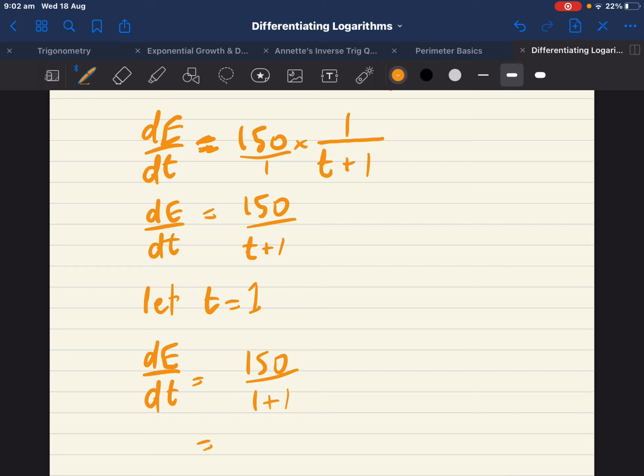In other words, you end up with 75. This would be experience per hour. So that's technically the rate at that particular moment. At that moment, your experience will be continuing to increase at 75 per hour. So that's the end of our second example.